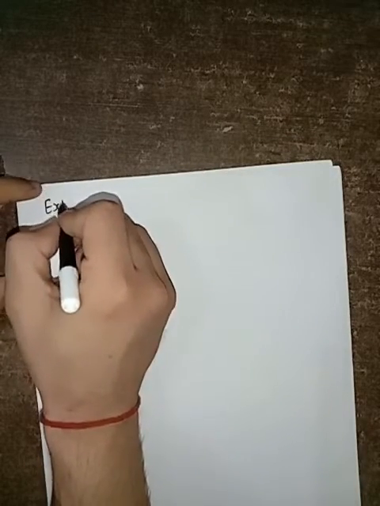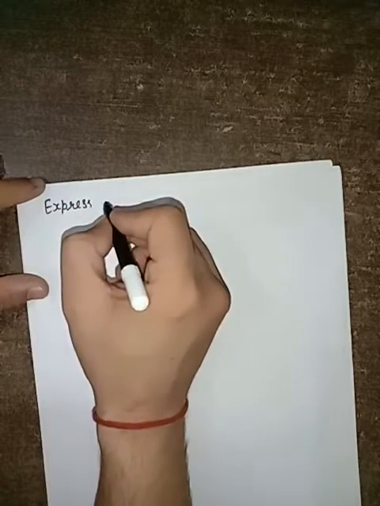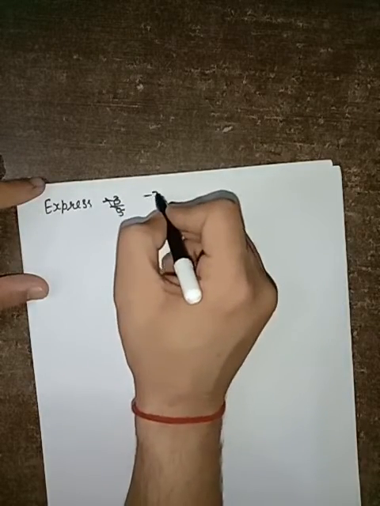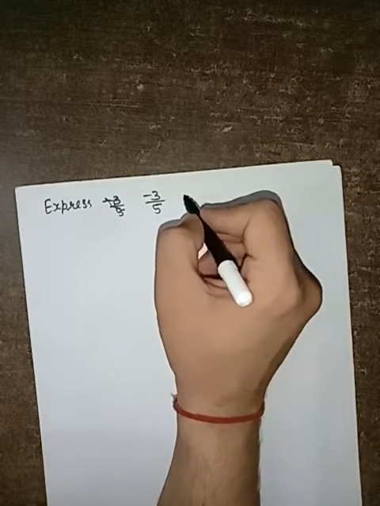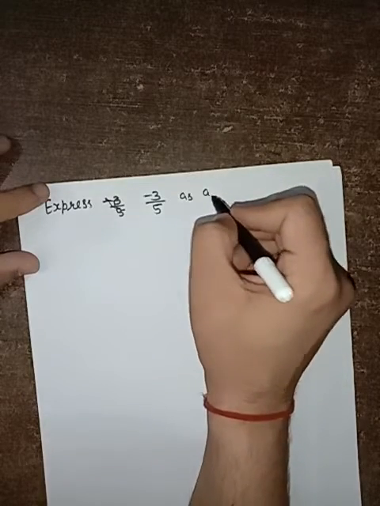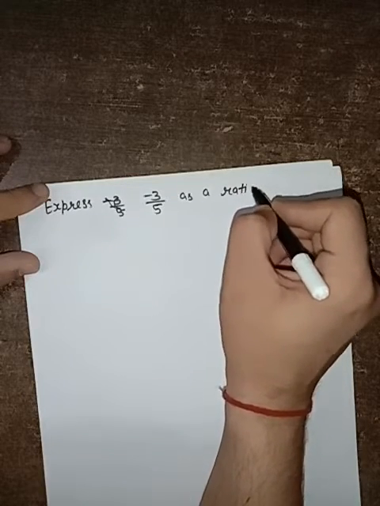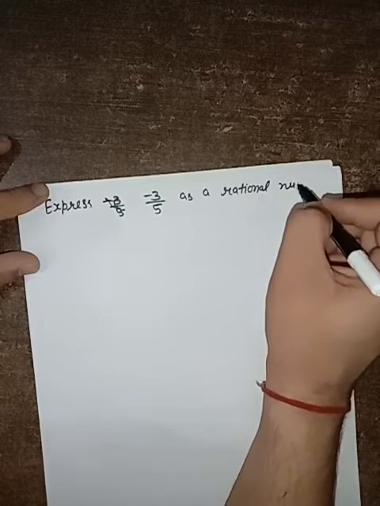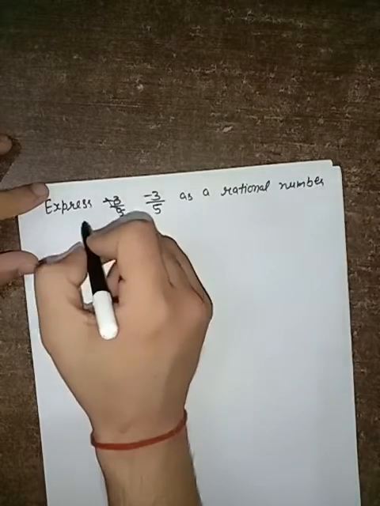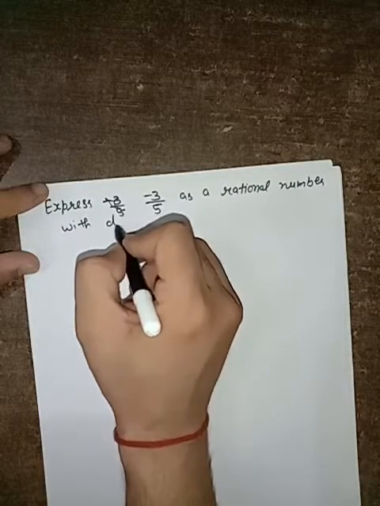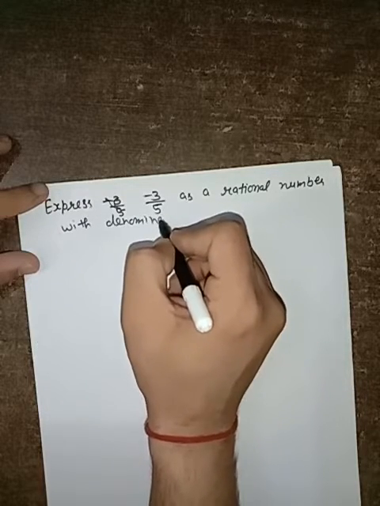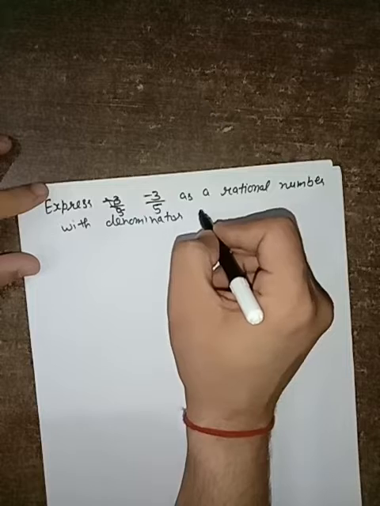Now take some questions. Our first question is, express -3 divided by 5 as a rational number with denominator 20.